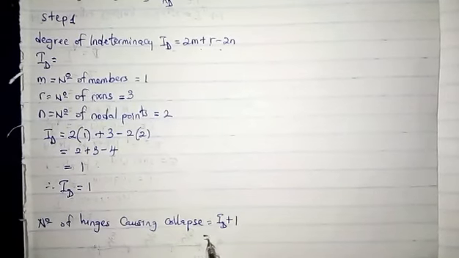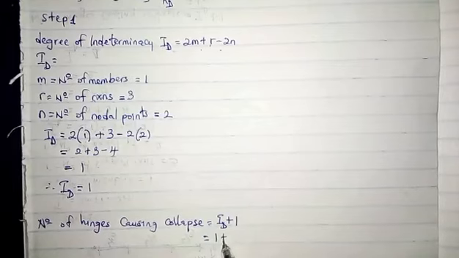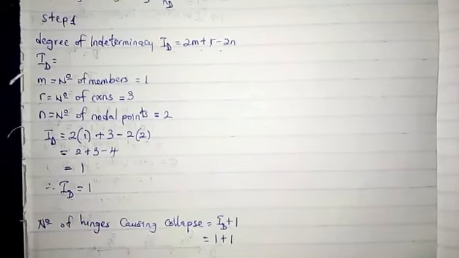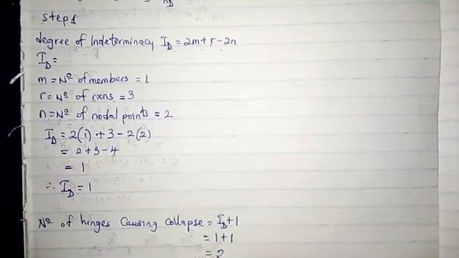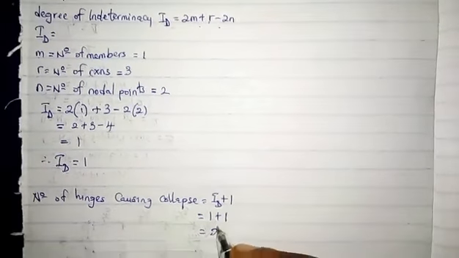Our ID is 1, plus 1, so the number of hinges is equal to 2.